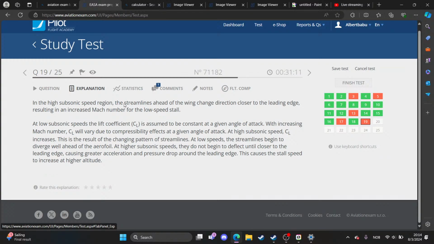In the high subsonic speed region, streamlines ahead of the wing change closer to the leading edge, resulting in an increased Mach number for the low speed stall. At a constant given angle of attack with increasing Mach numbers, the effect is due to compressibility. What are these guys doing?